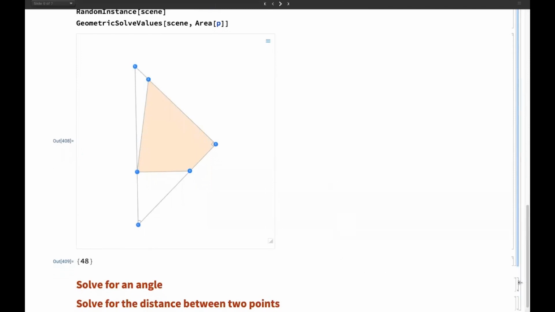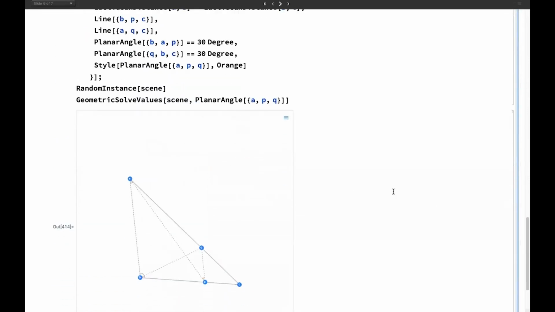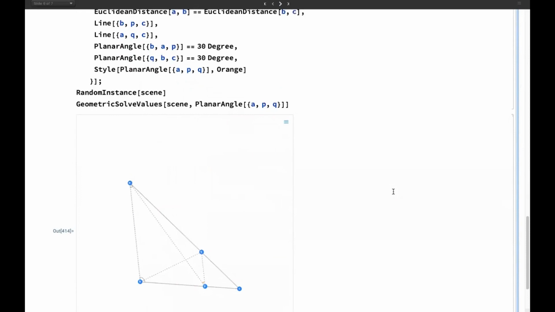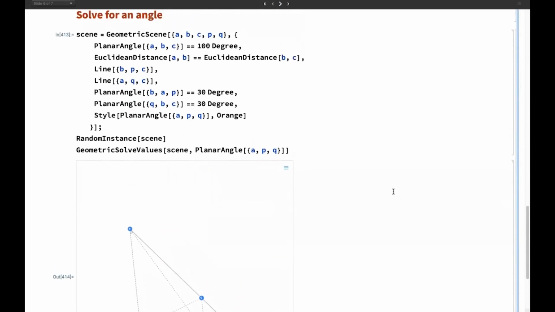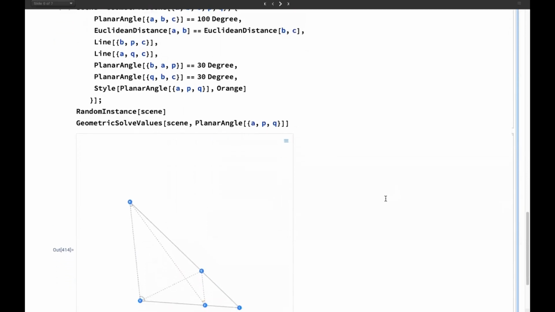Let's see, and then let's solve for an angle in this figure. So we are given a 100-degree angle here, and we're shown that the distance between A and B is the same as the distance between B and C. And then we're also given a couple other angles.